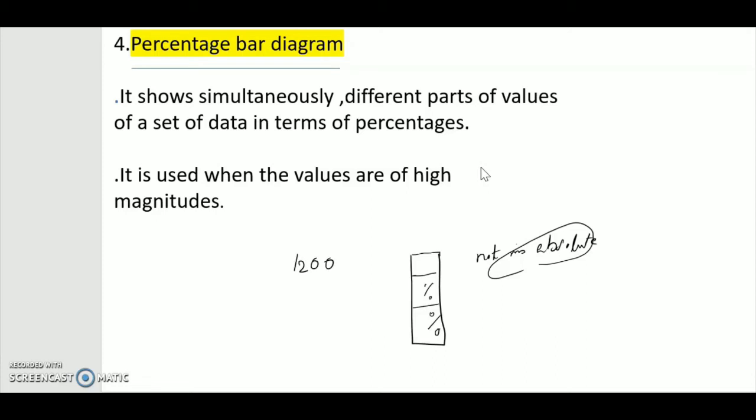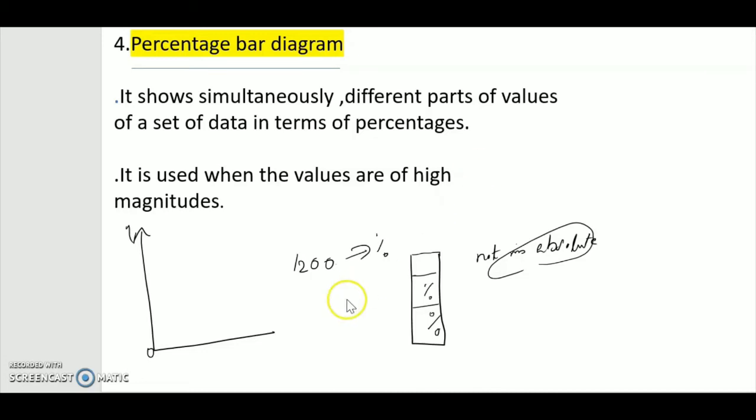Then how will we mark this value on the y-axis? In the y-axis we have to represent these values. How will we take 1200 here in the y-axis? So in this case what we do is convert this value into percentage. That is the first step that we have to do in a percentage bar diagram.